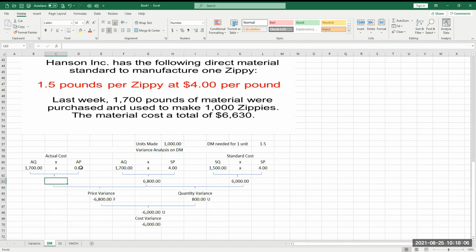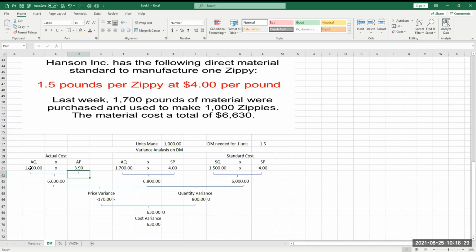Yes, 6,630. Since I know my actual cost, can I calculate my actual price? Yes, obviously I can, right? Actual cost divided by actual quantity, that will be my actual price.